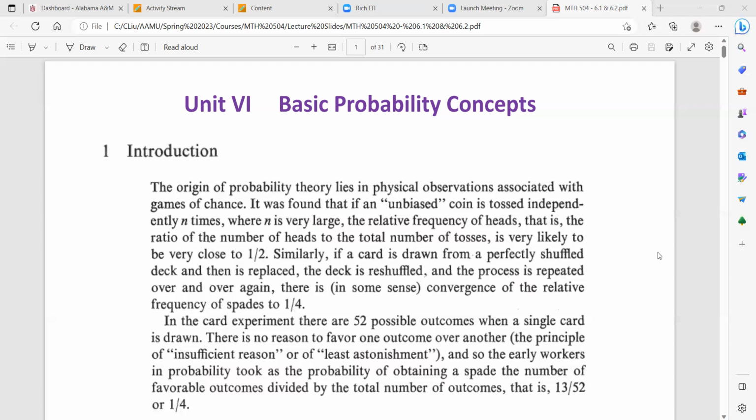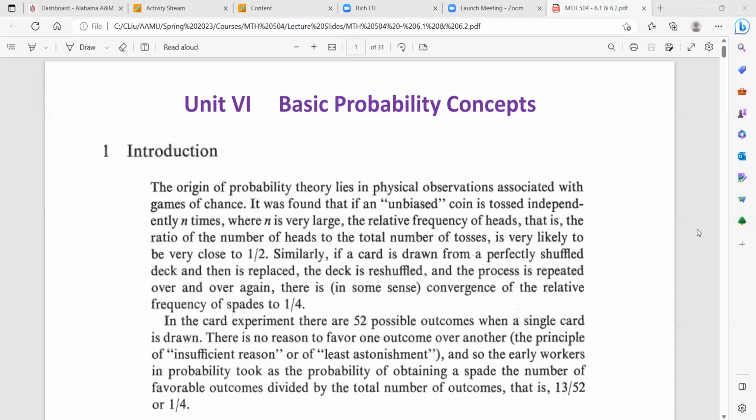So originally, probability theory was from games of chance. If you have ever had the experience of playing a game or gambling, that's basically a probability game.